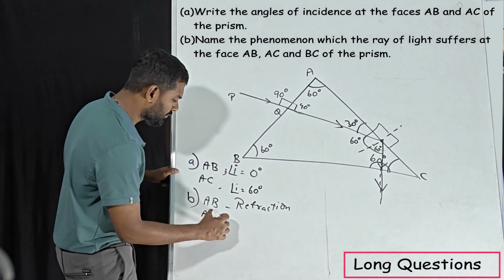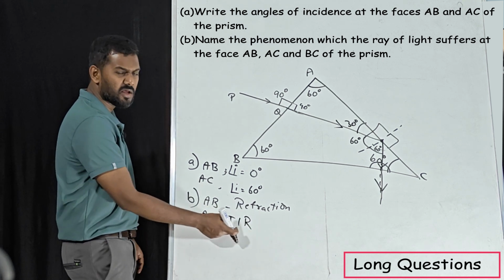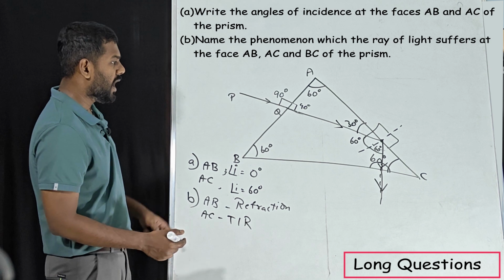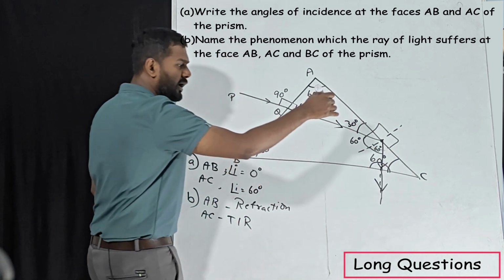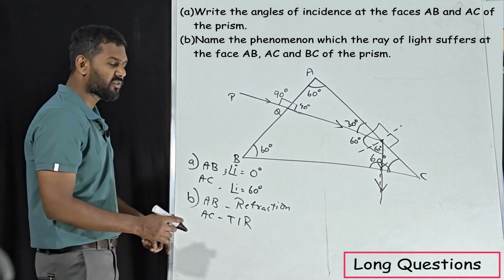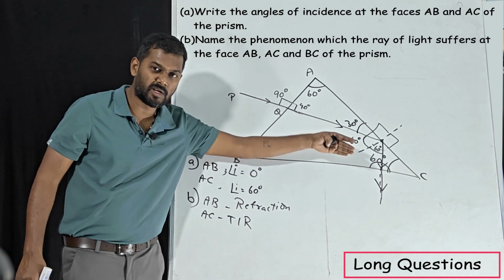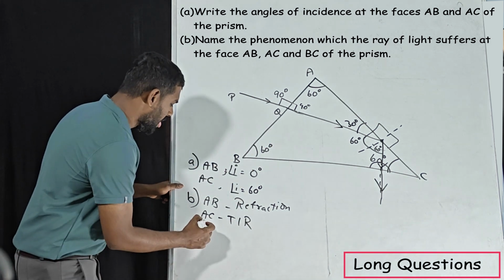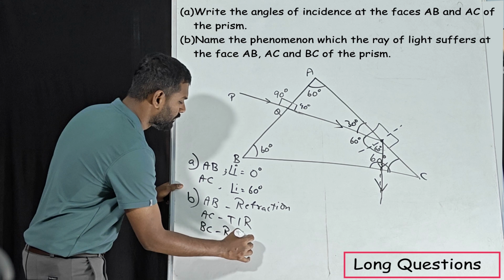So at AC, total internal reflection, but in the exam you should not use the short forms. Next, at BC, it is also undergoing refraction. Refraction usually means there should be a change in angle, but here there is no change in angle, but it is undergoing refraction. That is BC, refraction.